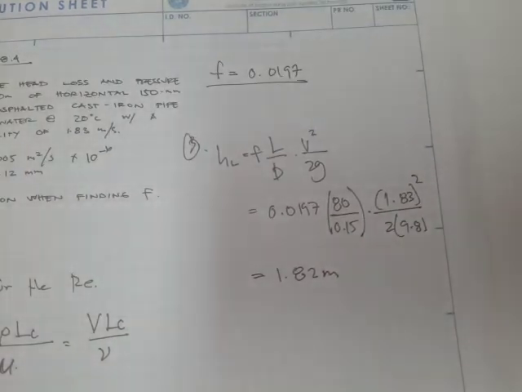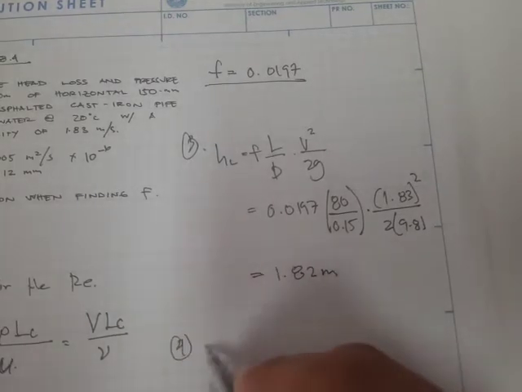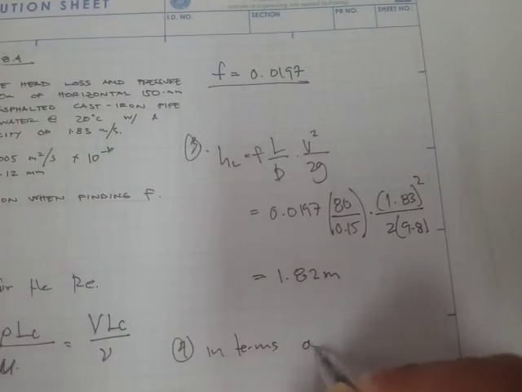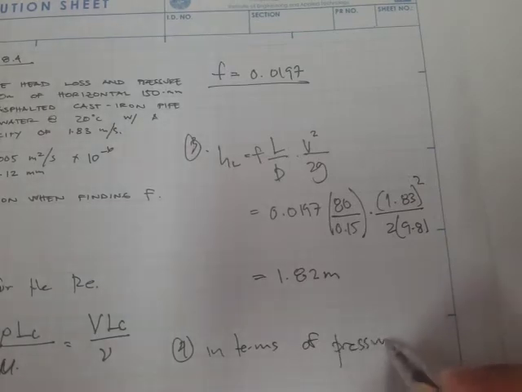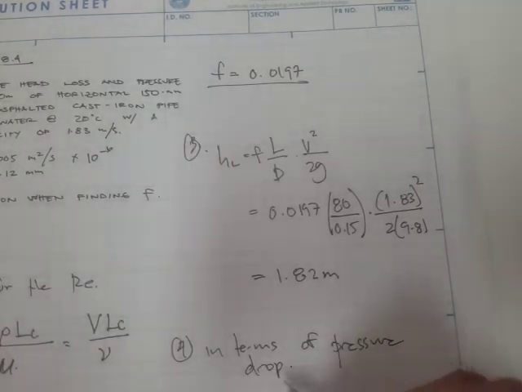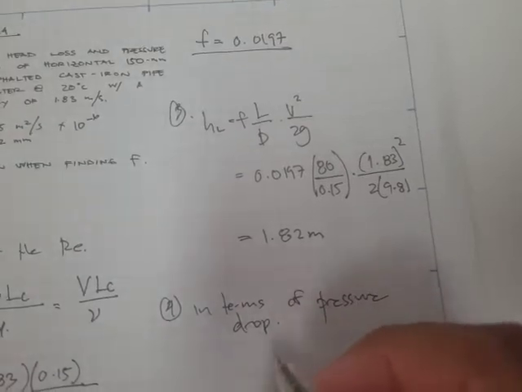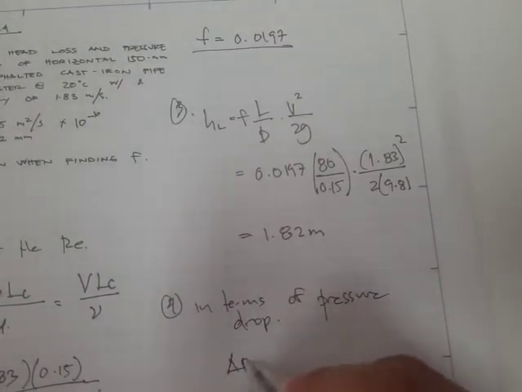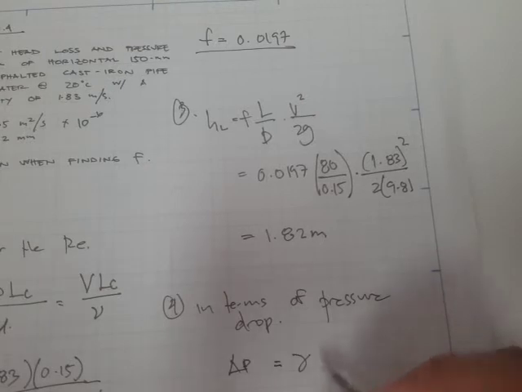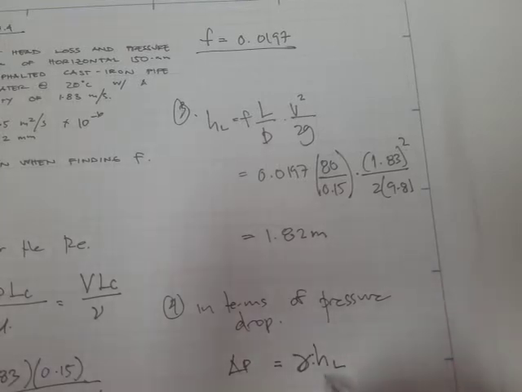And therefore, in terms of the pressure drop, delta P from the equation is equal to the unit weight of the fluid times the head loss, that's the height of the head loss. So if in terms of pressure drop, then we'll use this equation.